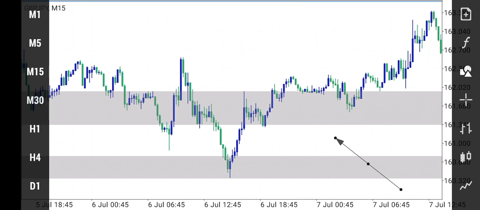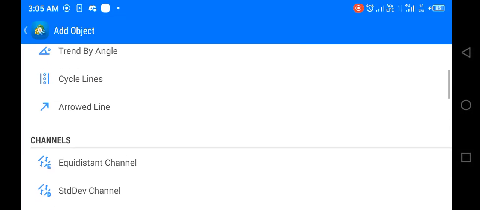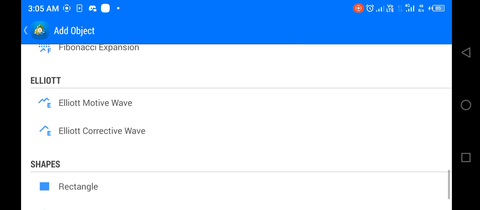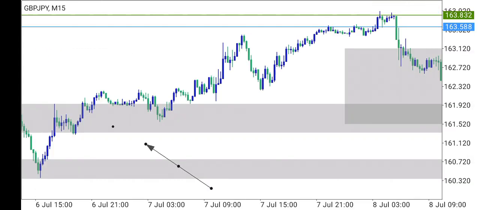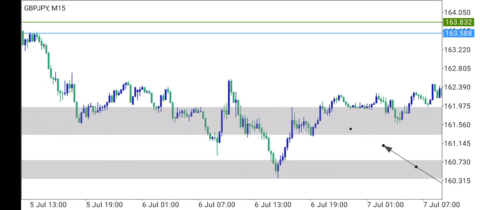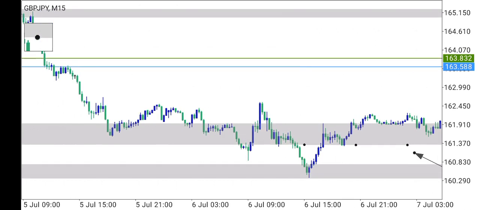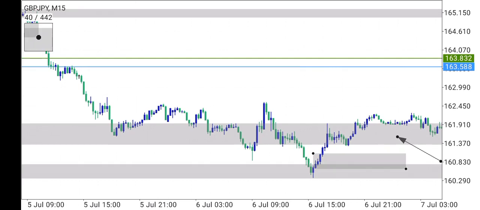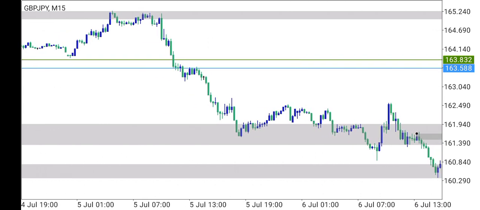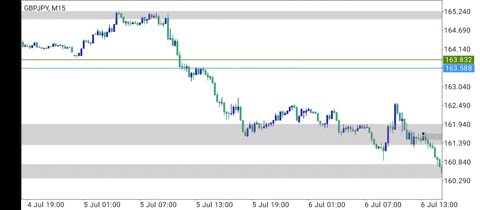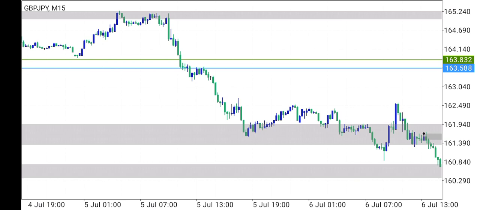Even though price has not moved, you see it. Assuming that this place is not available and we are just looking at only here, you will see that this place has nothing there.